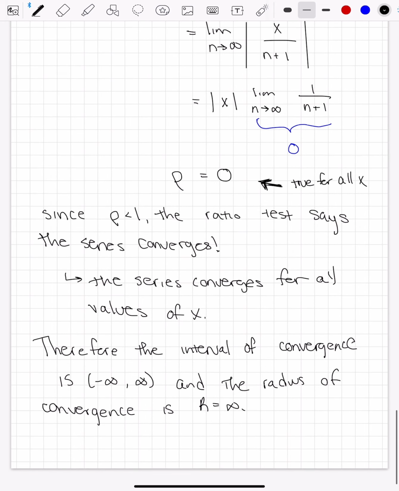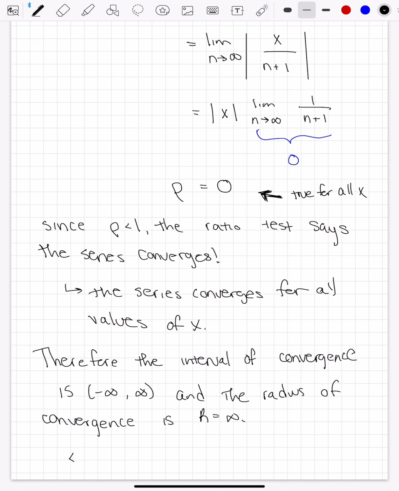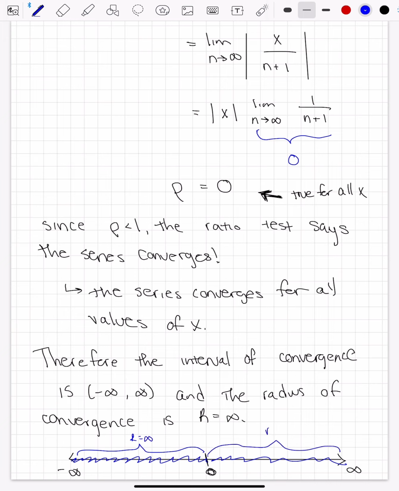When we think about our interval of convergence, the center of our interval of convergence is 0. In this case, we go off to the right infinity and to the left negative infinity. So this whole thing is our interval of convergence. And then from the center, we go to the left the radius and to the right the radius.